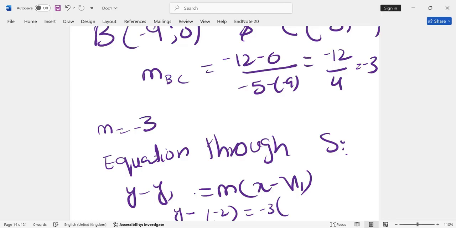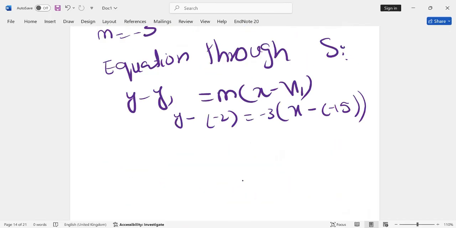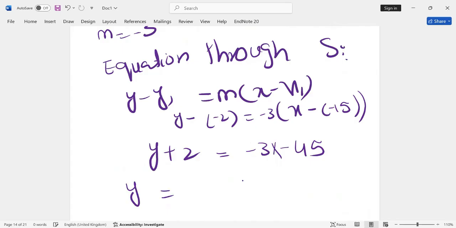Minus 3 into x minus into minus 15. Okay, so I'm just going to simplify this equation. y plus 12 equals minus 3x minus 45. And we have y equals minus 3x minus 45 minus 2.